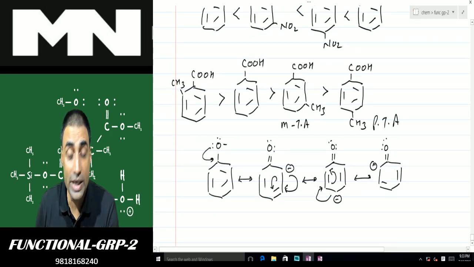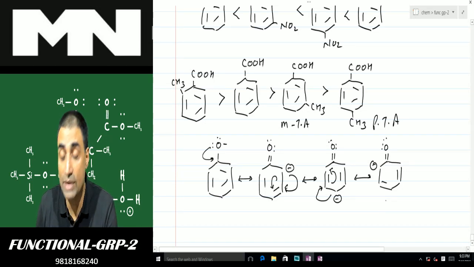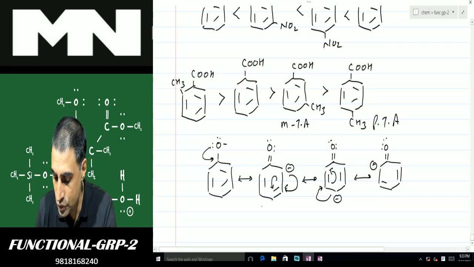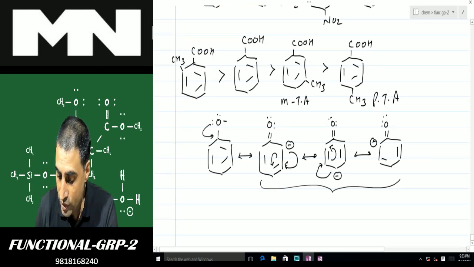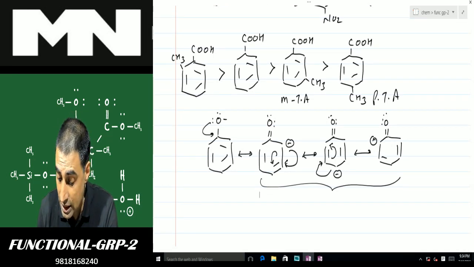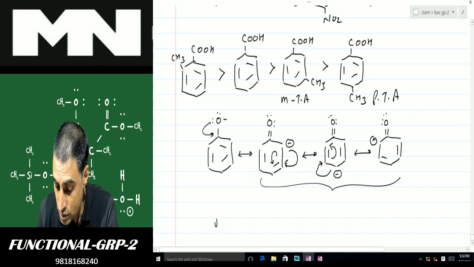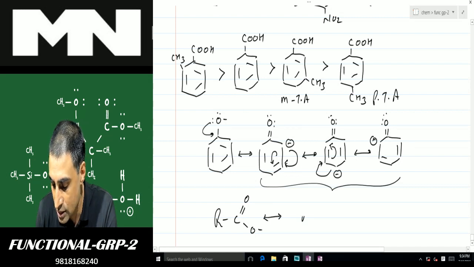What I want to tell you is that if you have a look at the phenoxide ion, you have got good resonating structures of it. Whereas if I talk about the carboxylate ion, the 2 resonating structures which I have already shown you are like this.